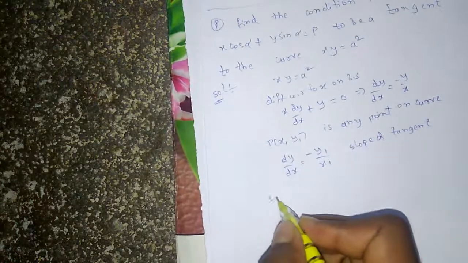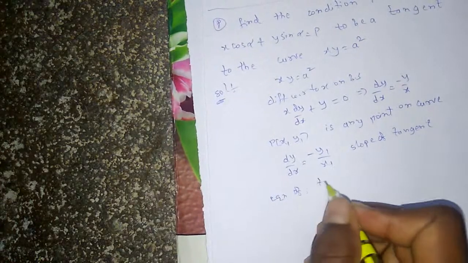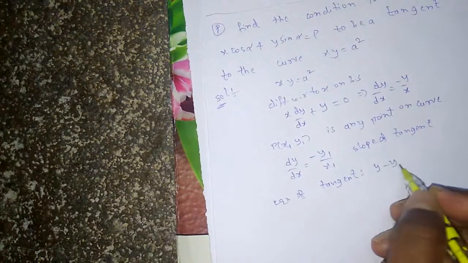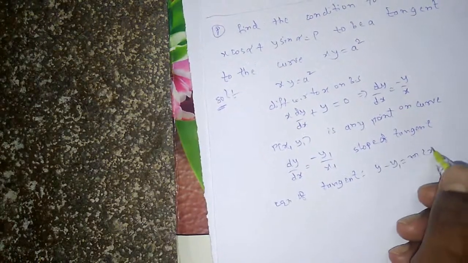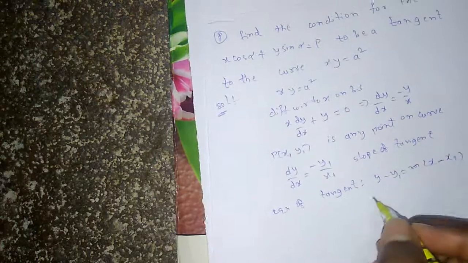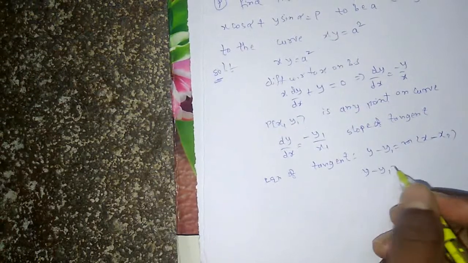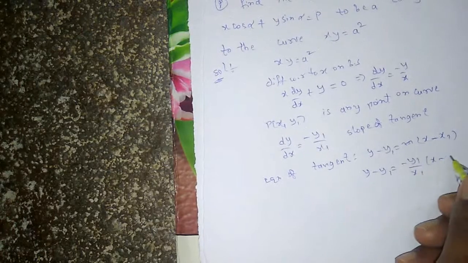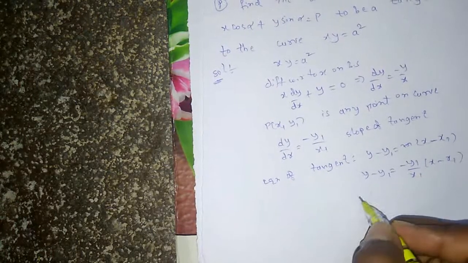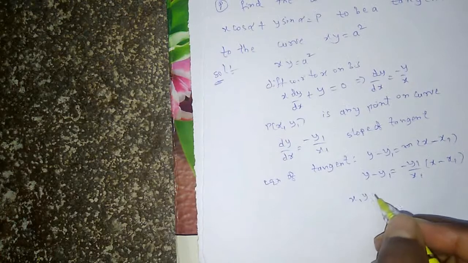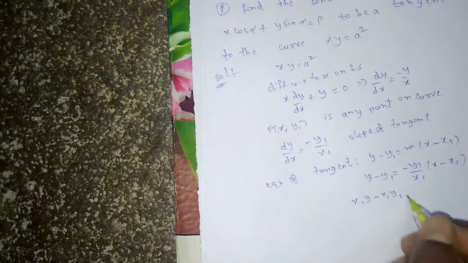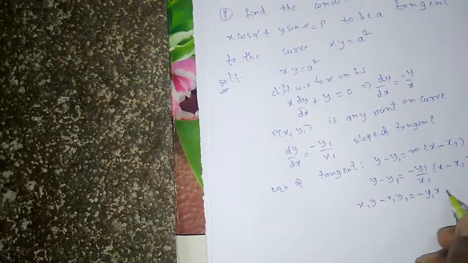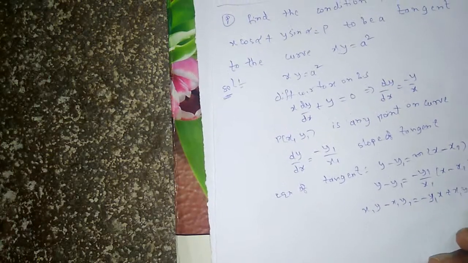Now equation of tangent is y minus y1 is equal to m into x minus x1, here m is minus y1 by x1, into x minus x1. This is x1y minus x1y1 is equal to minus y1x plus x1y1.